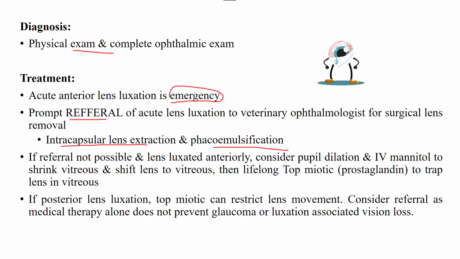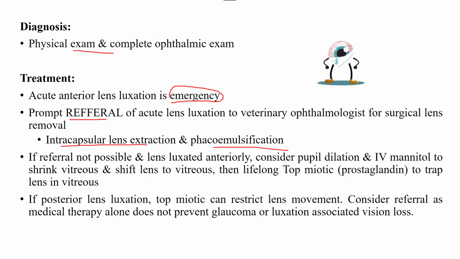So if they give you options, they give you a statement of lens luxation, and then they ask you for your next step in such a case. In one option they give you referral to an ophthalmologist. In the second option they give you intracapsular lens extraction and phacoemulsification. You are not going to pick the intracapsular lens extraction or phacoemulsification. You are going to go for referral.